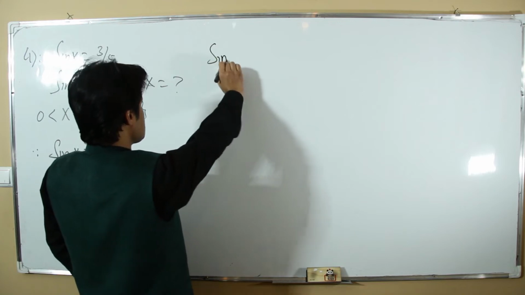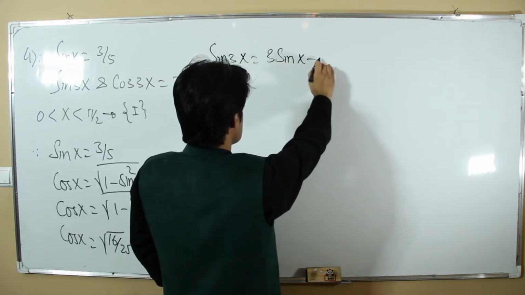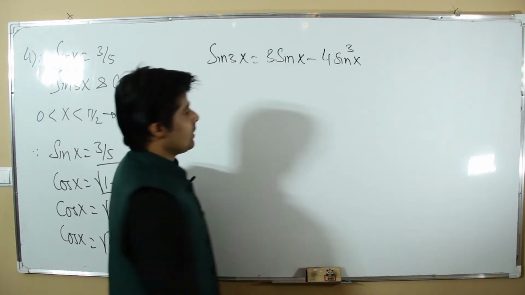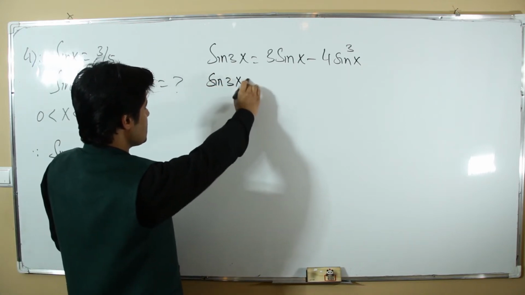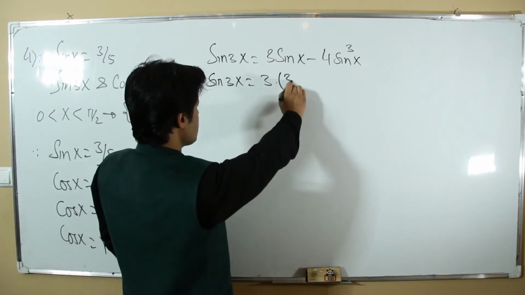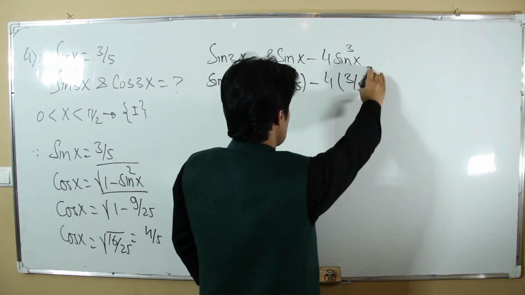Now, what is sine 3x? We have proved the formula for this one. It is 3 sine x minus 4 sine cube of x. Am I right? Yes. Now, sine 3x is 3, instead of sine x we have 3 by 5, minus 4, 3 by 5 whole cube.